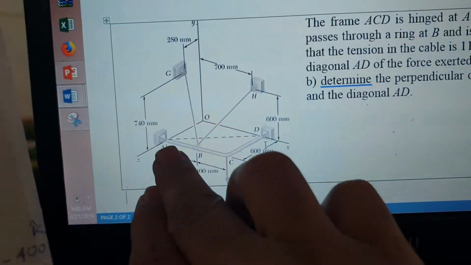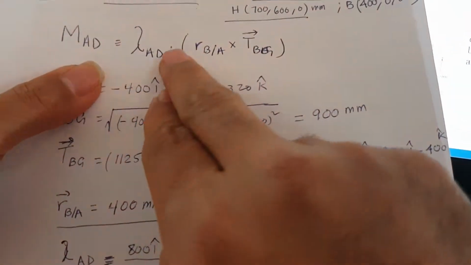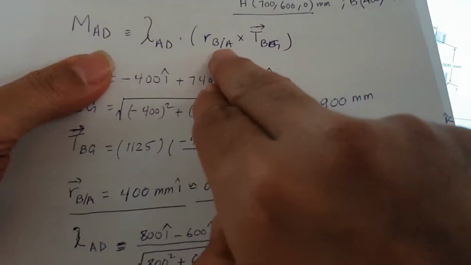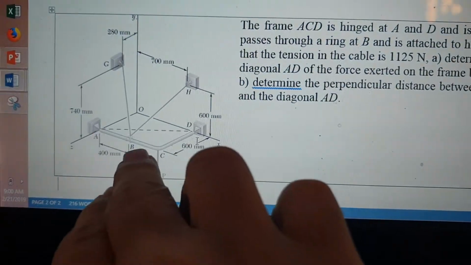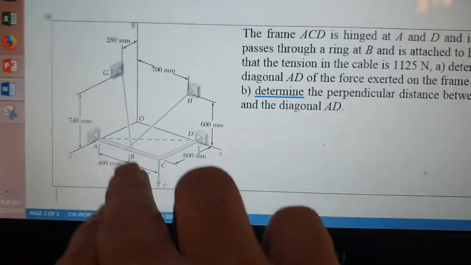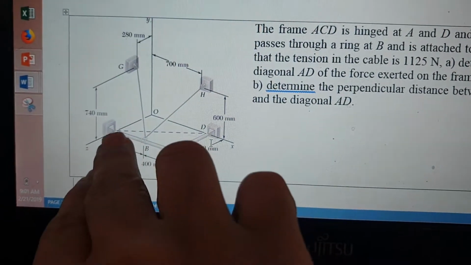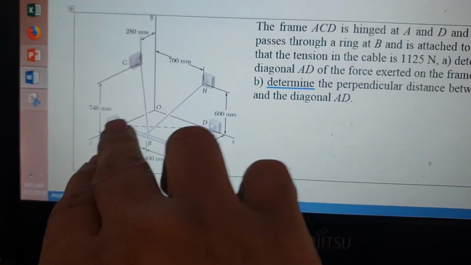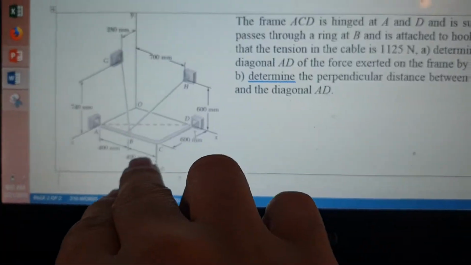So we have to find the unit vector AD. Dot product, the position vector between B and A. Since you want BG, you can choose any point. Choose B. B is the simplest to go from B to A, and A is the start of the line that you want to take moment around.